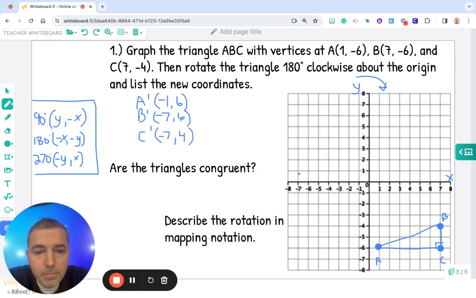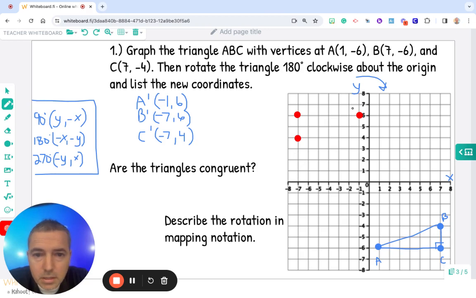So now that I change them, I can go ahead and graph them. Let me change the color here. So (-1, 6), (-7, 6), and (-7, 4).